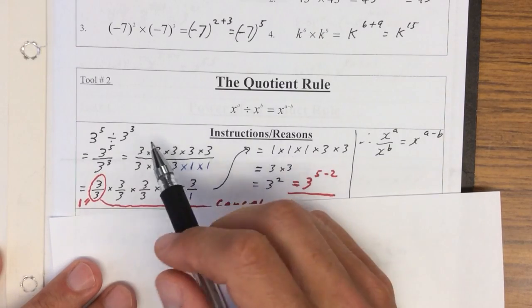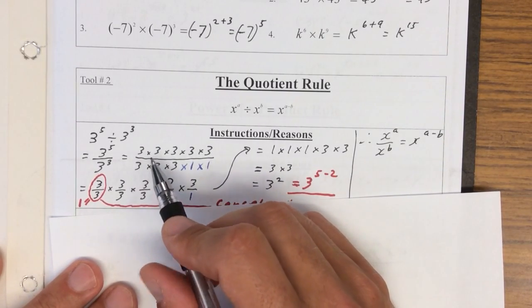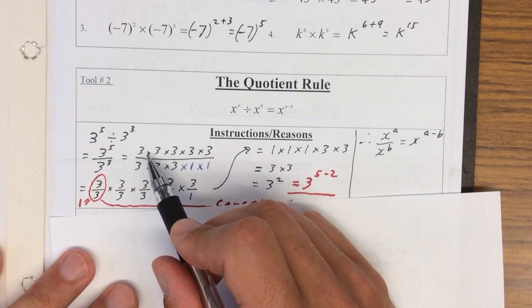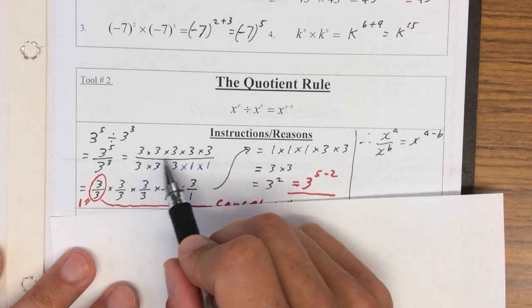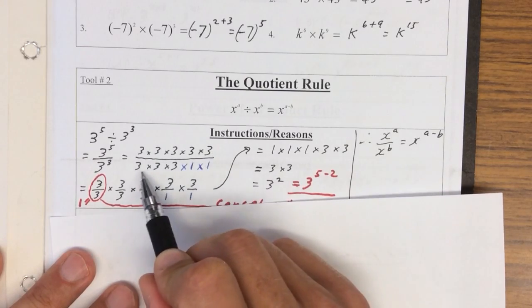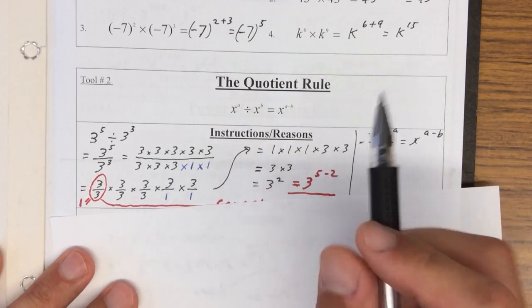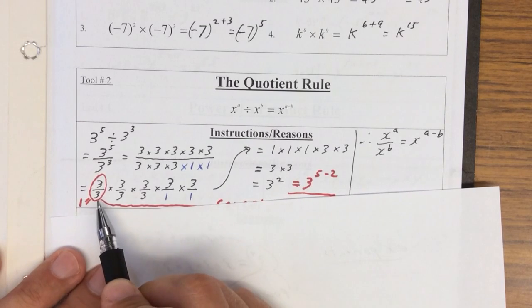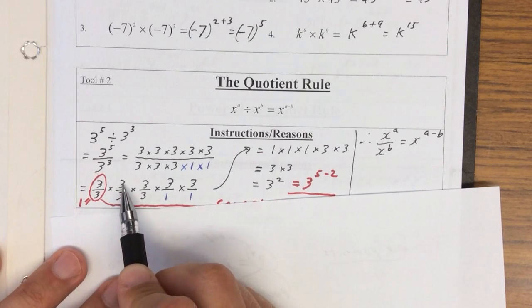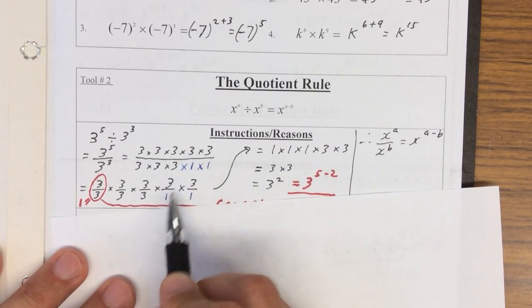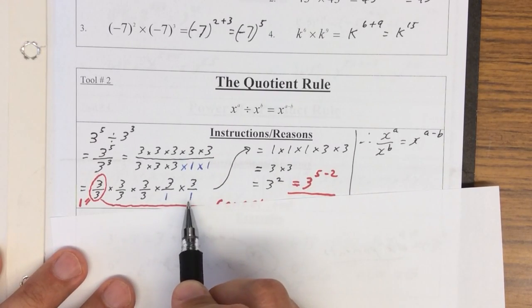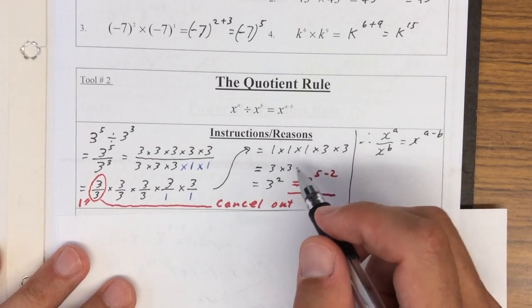Now, if we remember the rules for multiplying fractions, when you multiply fractions, it's top times top and bottom times bottom. So you've got 5 tops here and 5 bottoms now. You can break them up into 5 different fractions. 3 over 3 times 3 over 3, those two, times 3 over 3 times 3 over 1 times 3 over 1.